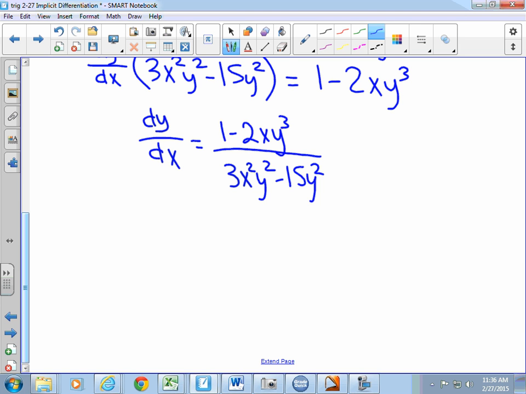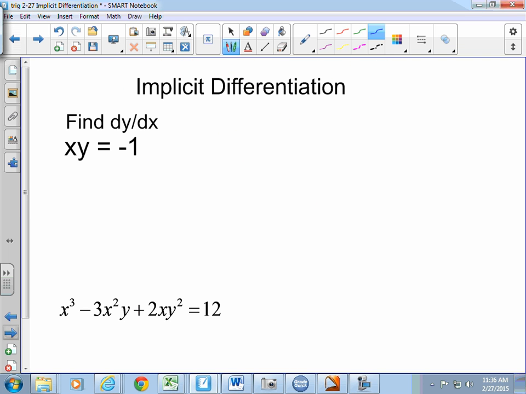Because you could factor out a -1 or multiply the top and bottom by -1. The way that happens is moving to a different side of the equation than whoever else solved it. So if you ever see a multiple choice answer that's identical to yours except every sign is different, then that's it. You just went to a different side of the equation. Any questions about this one? Okay, let's do a few more.